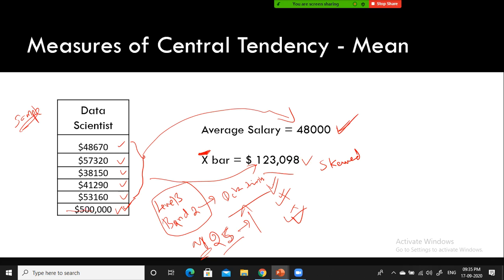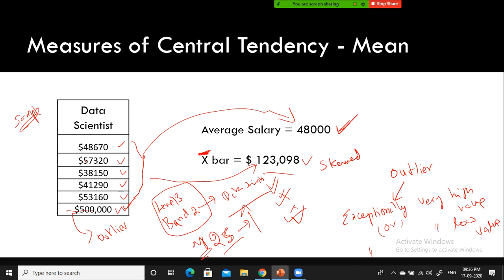See, this is called an outlier. What is an outlier? An exceptionally very high value, or an exceptionally very low value.